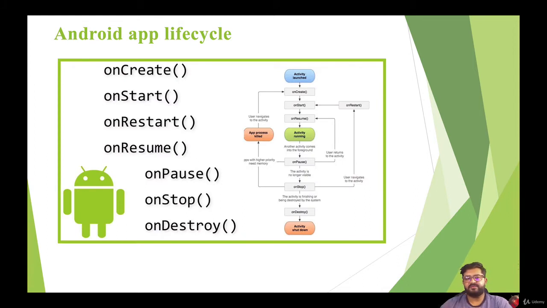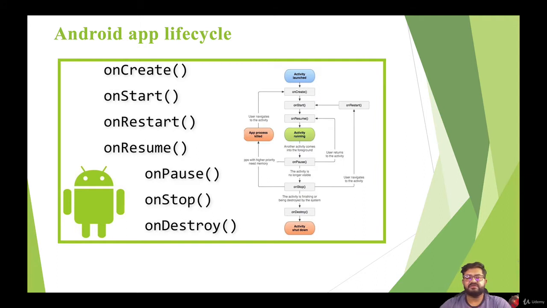The Android app lifecycle contains 6 stages. As you can see in the diagram, you can see method names on the left side: onCreate, onStart, onRestart, onResume, onPause, onStop, and onDestroy.